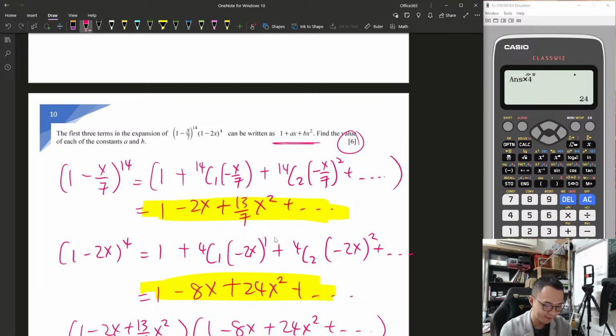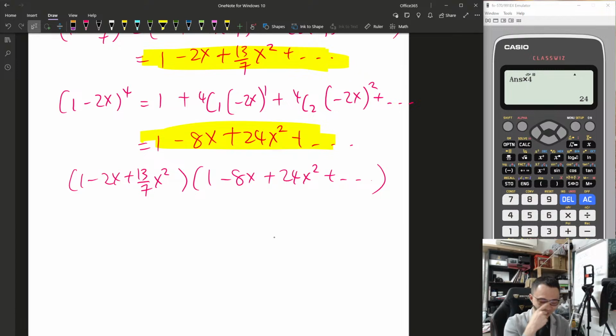Power of 4, power of 4. So yeah, my b term is negative 2x, and my a term is 1. Yeah, should be correct. So for the constant, there's no other way to get a constant, so this one we are fine.